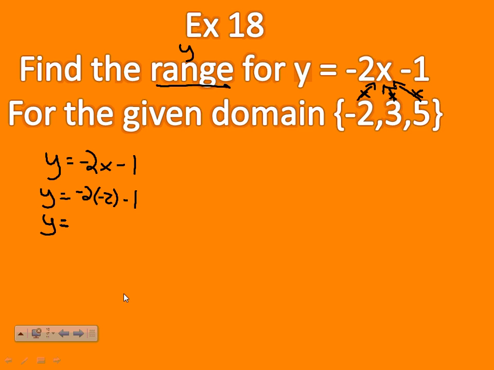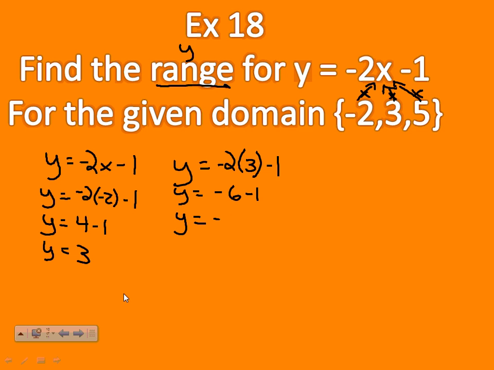And what do we get? We get y is 3. Okay? Then this time, we're going to plug in 3. And we get negative 6 minus 1, so y is negative 7. Then we're going to plug in 5.